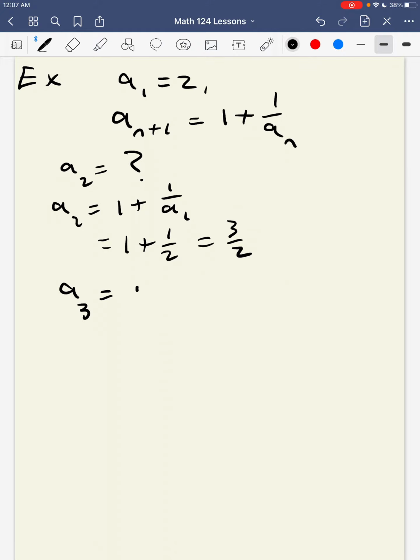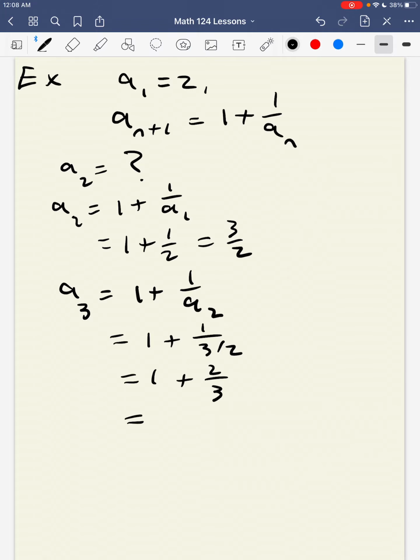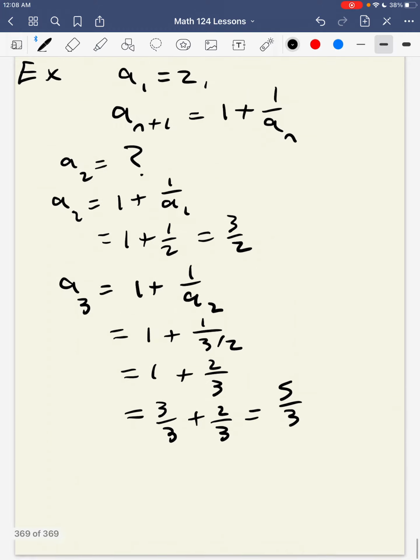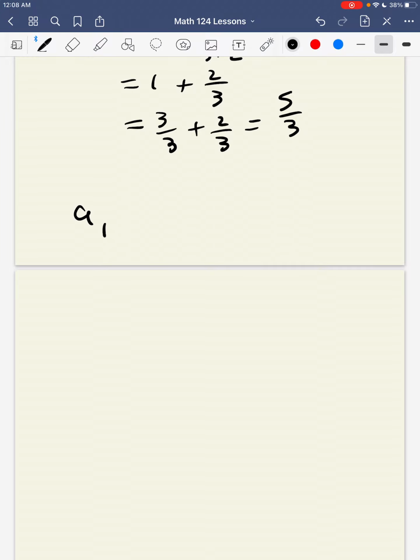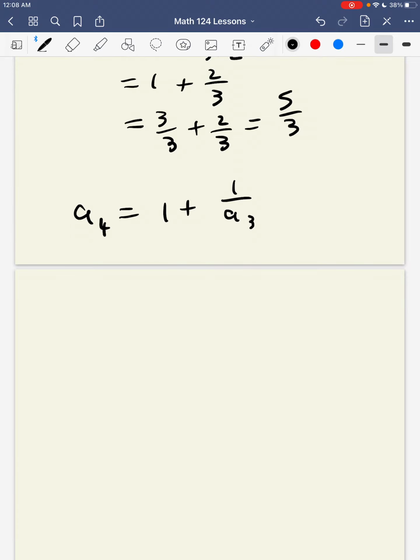A3, therefore, will be 1 plus 1 over A2 by the formula. So 1 plus 1 over 3 halves. 1 plus 2 thirds. 3 thirds plus 2 thirds. 5 thirds. Then A4 would be 1 plus 1 over A3.